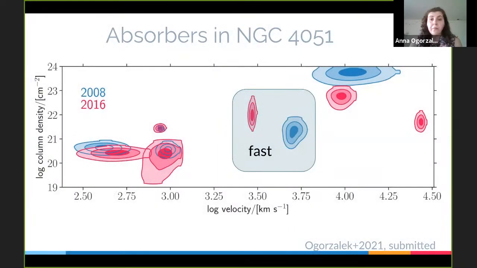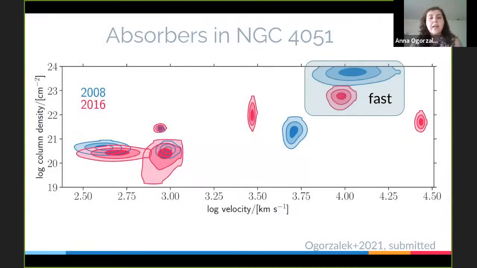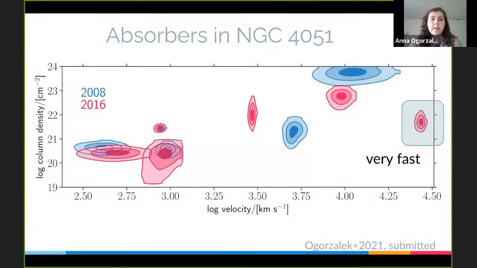The fast ones are more variable, which means they're either accelerating or more likely just moving in and out of our line of sight. The fastest absorber, which is moving at an astounding 10% of the speed of light, has been only robustly detected in the new 2016 data. We see it in the older observation as well, but it has not crossed our threshold of significance.